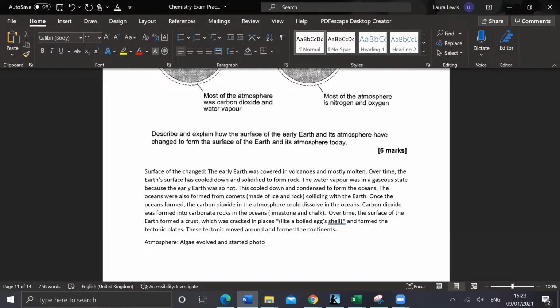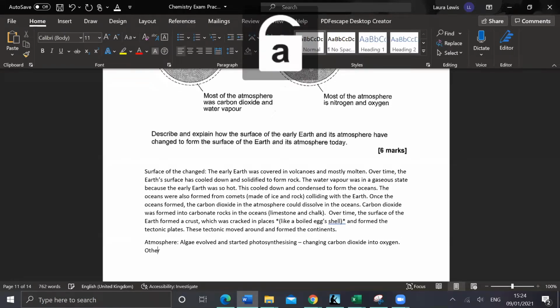These were the first things, before other plants, and they started photosynthesizing, changing carbon dioxide into oxygen. That actually changed some of the atmosphere as well.